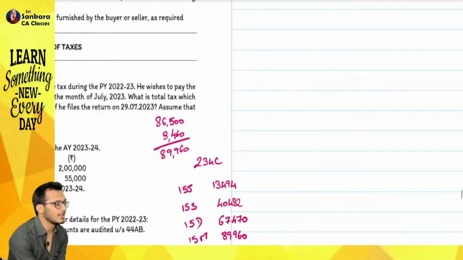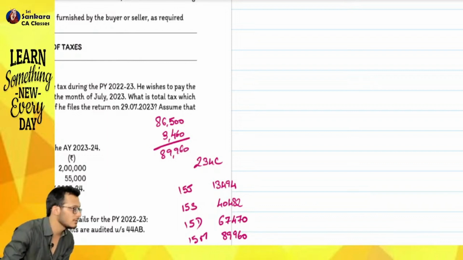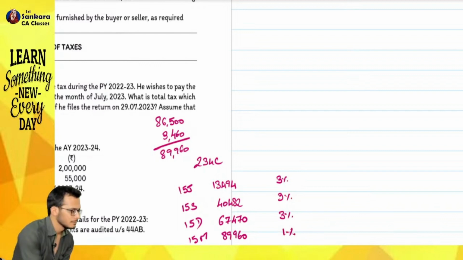These are the total tax liabilities which you are required to pay. You have not paid a single rupee, which means 12% also does not apply, 36% also does not apply. This is your full shortfall. You need to compute interest at the rate of 1% into 3 months for the first one, so it is 3%. This one is 3%. This one is 3%. This one is 1%.